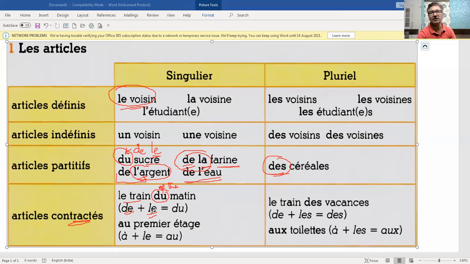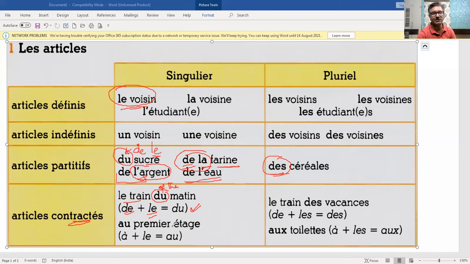Le is masculine article. De le becomes du. We never use de le matin. We have to combine this together before masculine nouns. We have to say du matin. Matin means morning, which is a masculine noun.